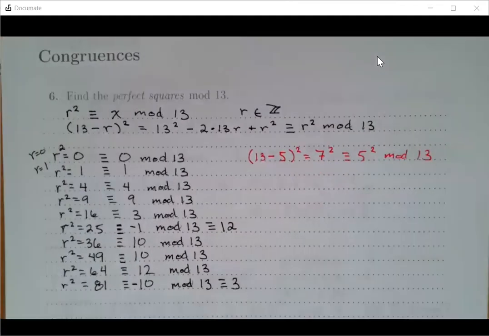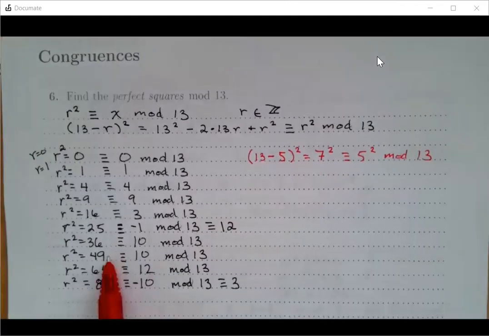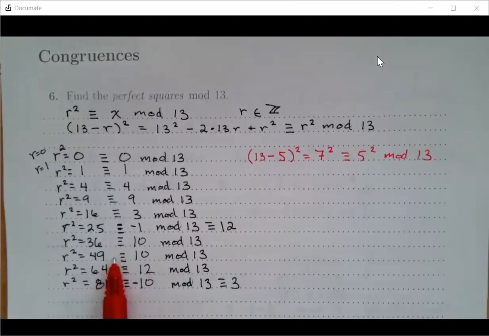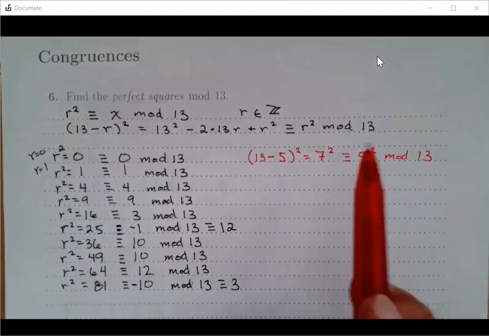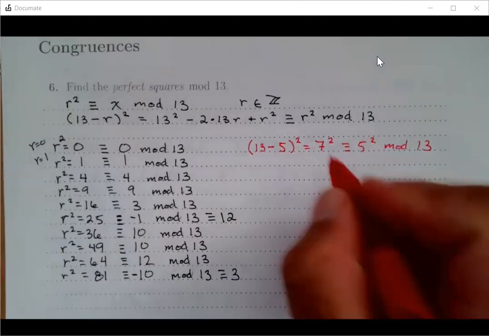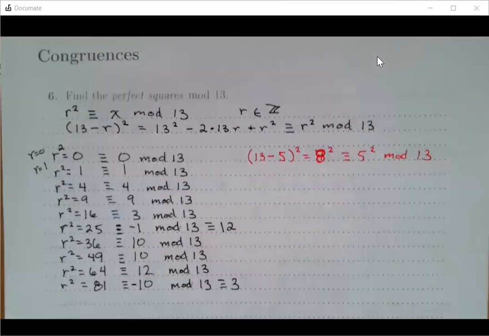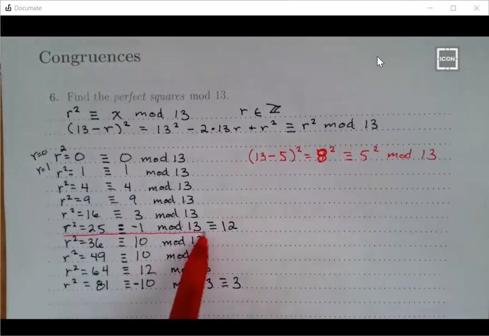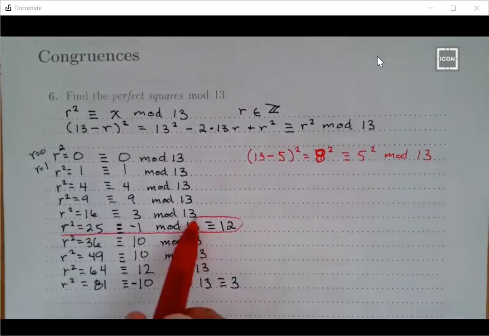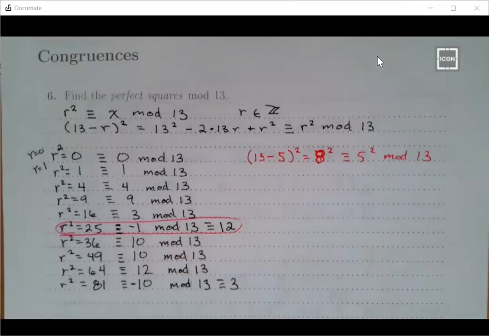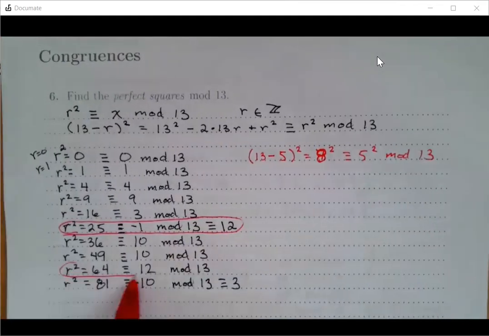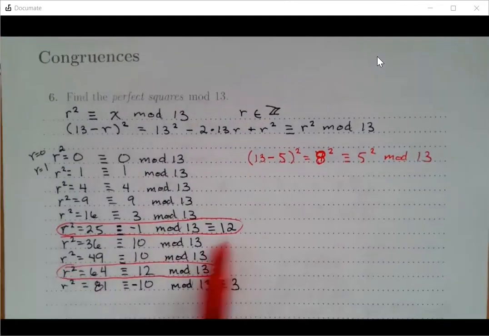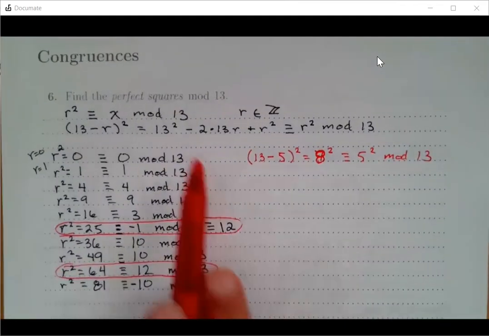That is what we see here: 5 and 8 have the same remainder, because of this property.